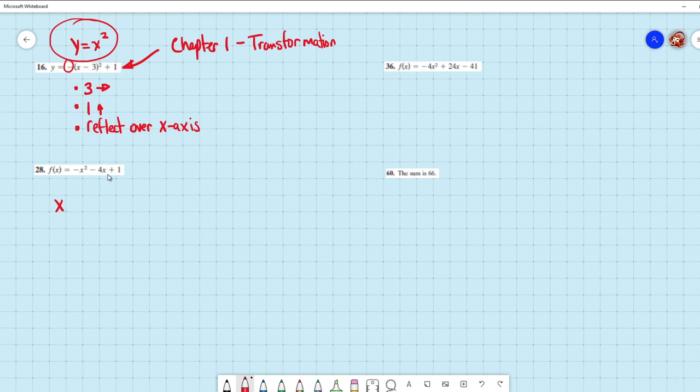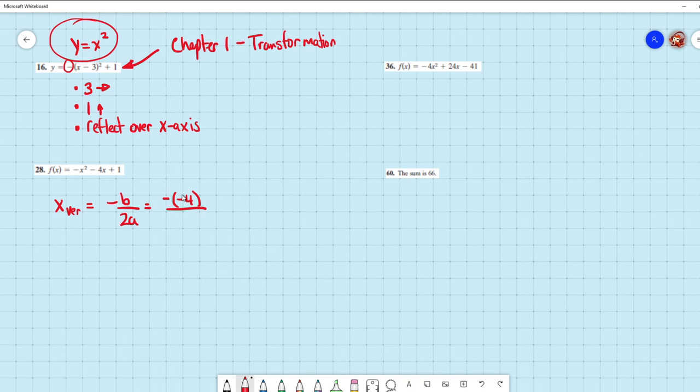Since in number 28, it's not in vertex form, just the given form, I'm going to use the formula -b over 2a. So in our equation here, b is -4, so minus -4.